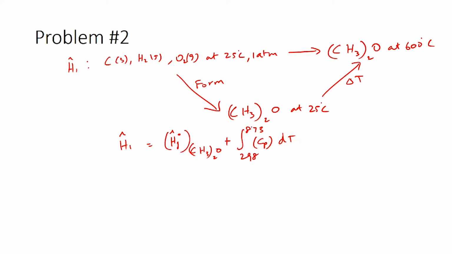So, I am using the temperature value in Kelvin. If we were to substitute the values for heat of formation and the Cp values, we would actually get minus 180.16 plus 62.4, giving H1 cap as minus 118 kilojoules per mole. So, this is H1 cap.